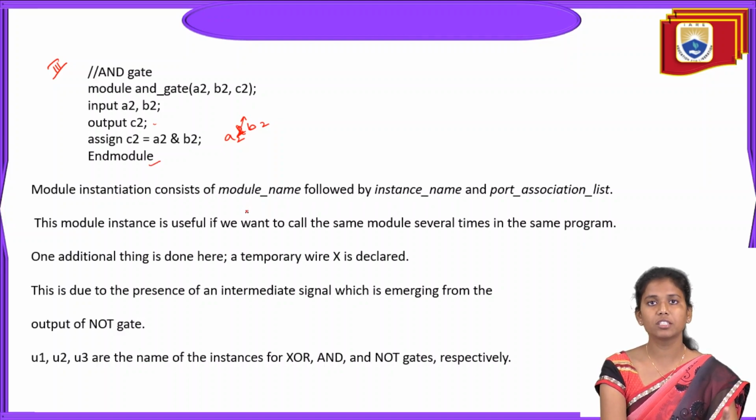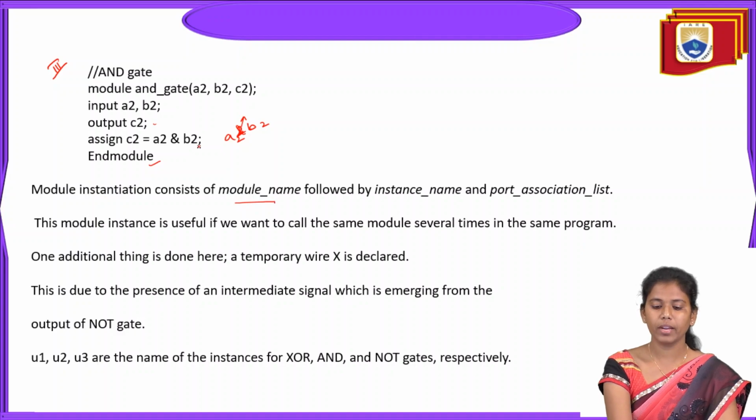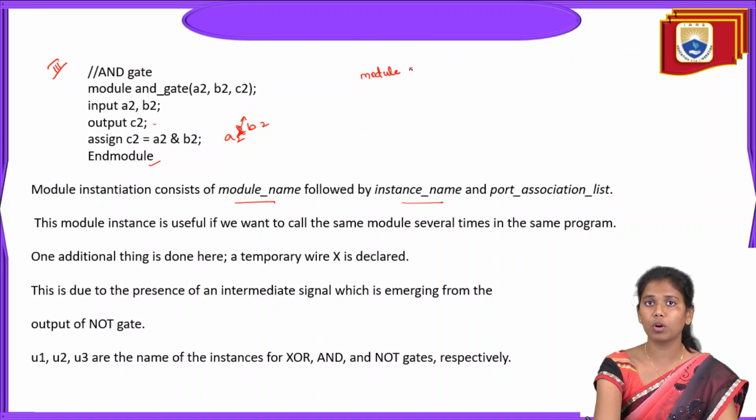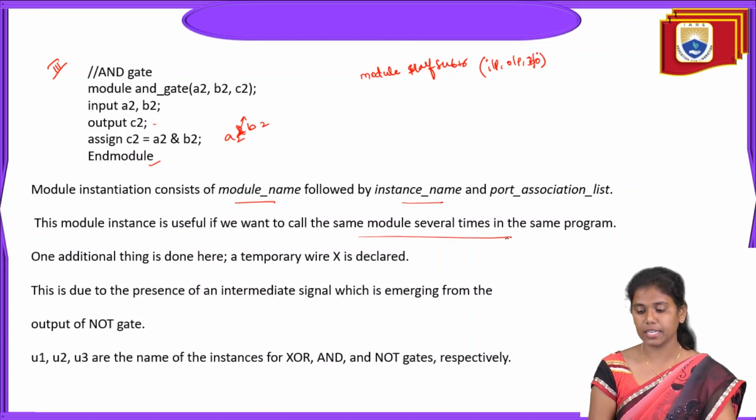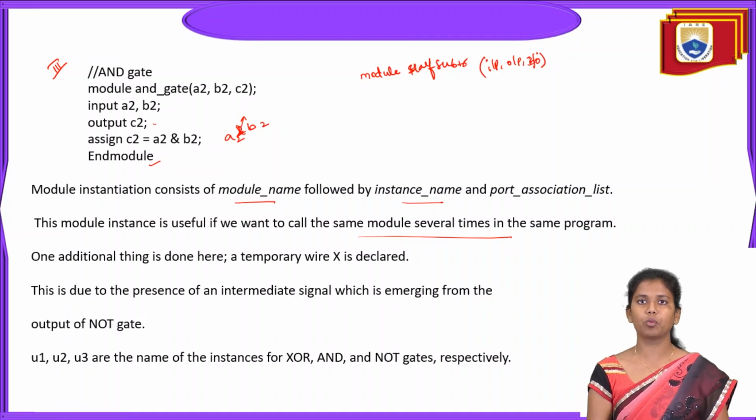Module instantiation consists of the module name, then the instance name. Now we are writing our code in terms of the half subtractor, and then the port list, with inputs and outputs. The module instance is useful if you want to call the same module several times in the same program.